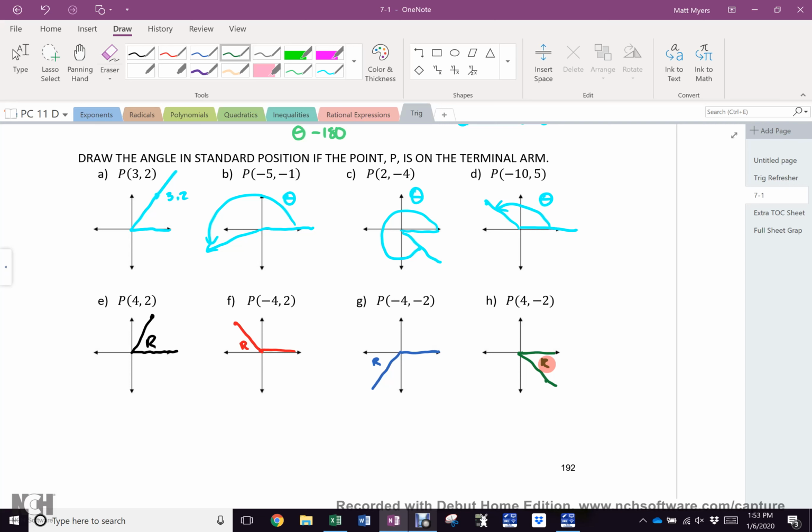But what do you know about red R, black R, blue R, and green R? They are all going to be something. What? Yes, they're all going to be a number because they're obviously an angle. Hayden, well done. What would be special about that number? They're the same. Why?